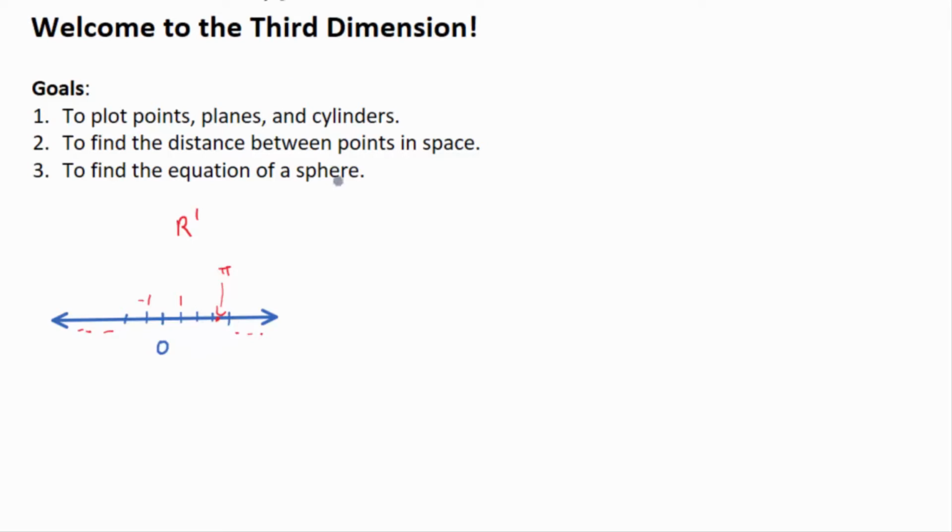And then very quickly in algebra, you start talking about R2 when you plot points, when you plot ordered pairs. When you think R2, we usually think about the XY plane. There's no reason why we have to call the horizontal axis X and the vertical axis Y, but we often do.